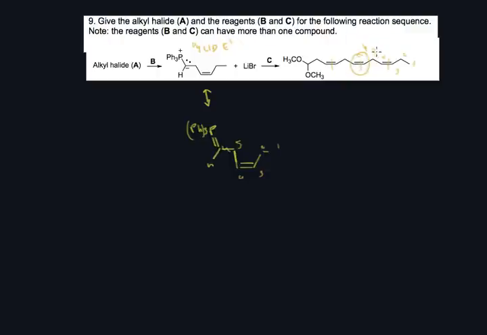So if I have this side as my Wittig component of this reaction, that means that this side over here, let me highlight it in green, is going to be the ketone side, or the aldehyde side. It's going to be the carbonyl side. So I can draw it right here, CH3, CH3.